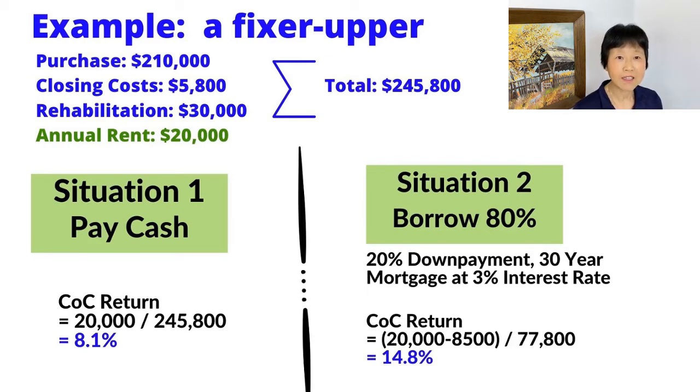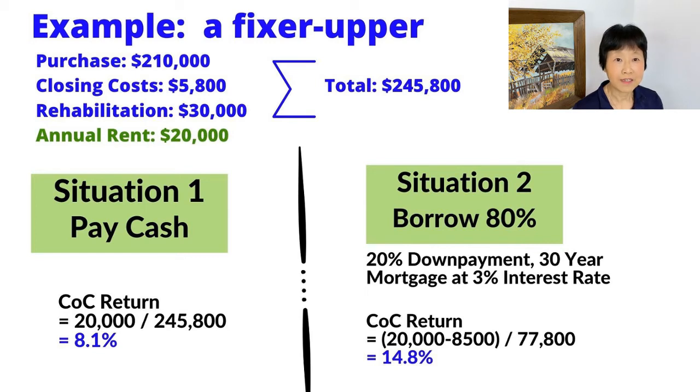If I pay cash, the cash-on-cash return is the cash flow in, $20,000, divided by the big chunk I have to put in. And the cash-on-cash return is 8.1%.